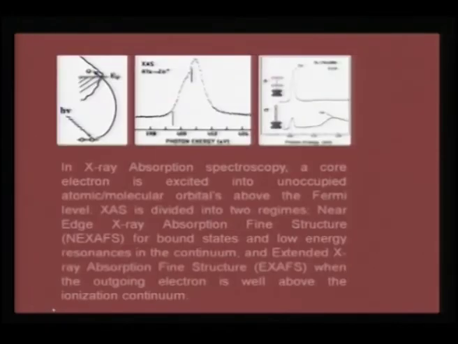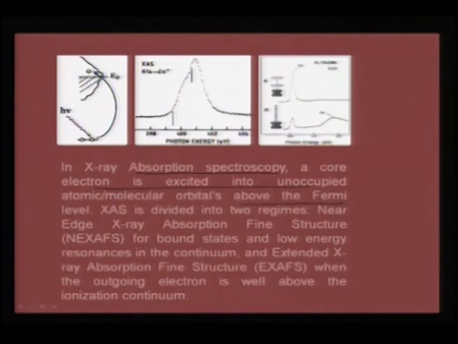Now, there are two things that we need to have in mind. One thing is, in X-ray absorption spectroscopy, if we have a core electron which is excited into unoccupied atomic or molecular orbitals above the Fermi level, then XAS can be divided into two regimes.